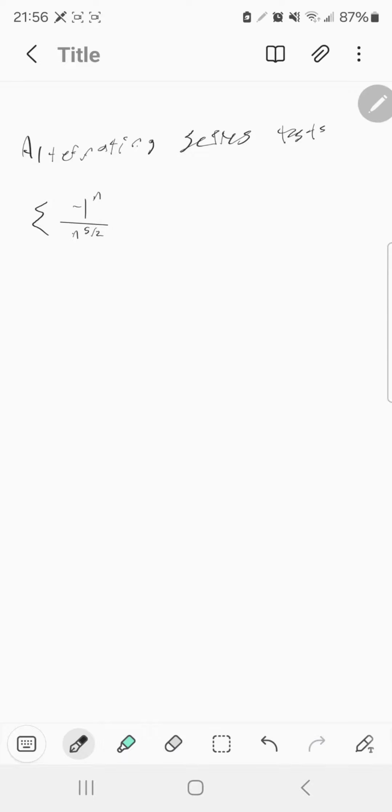In a situation like this, for each n, if it's an even number, this (-1)^n will be a positive 1. If it's an odd number, this will be a -1.